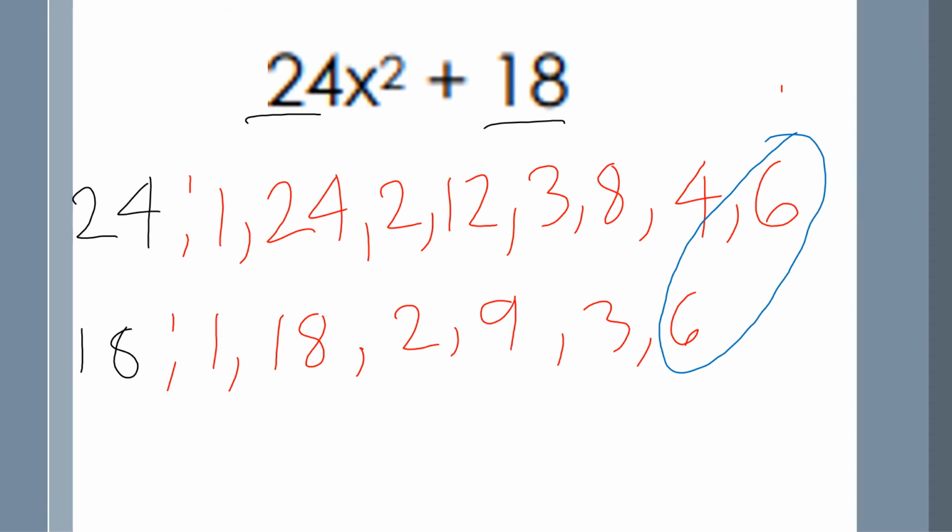The greatest common factor, that is. And you could double check your work in both ways. 6 times what gives you 24? 6 times 4 gives you 24. All right, what about 18? 6 times 3 gives you 18.